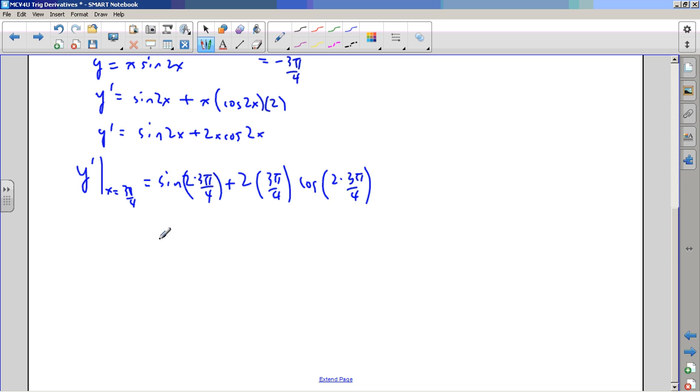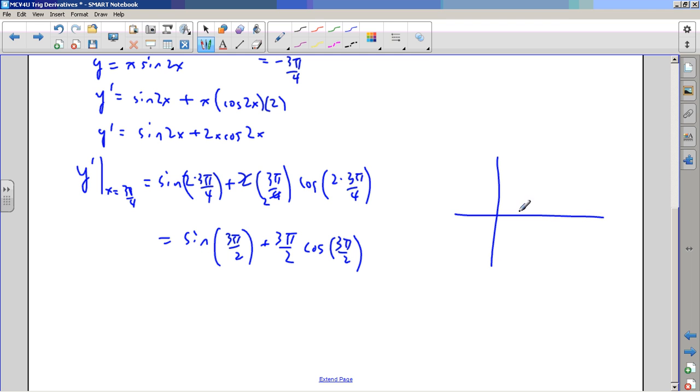And then a little bit of work here. This is the sine of 3 pi over 2, which we already said is -1. 2 times this is, I'm just going to do that in one step, right? Because the 2's cancel, I get 3 pi over 2. Cos of this is, I think this is going to be the cos of 3 pi over 2, which is, what's the cos of 3 pi over 2?